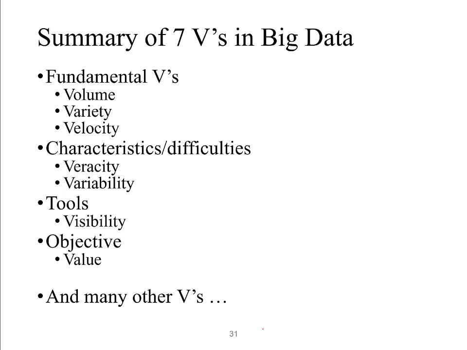And there are other characteristics or difficulties in big data. For example, the veracity is the quality or the uncertainty of data. The variability is how the meaning of the same data changes over time. And some V's have a closer relationship with big data tools, such as visibility.